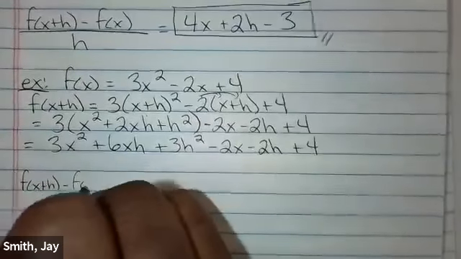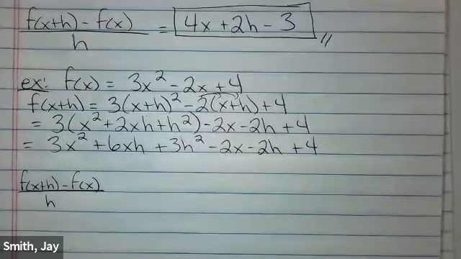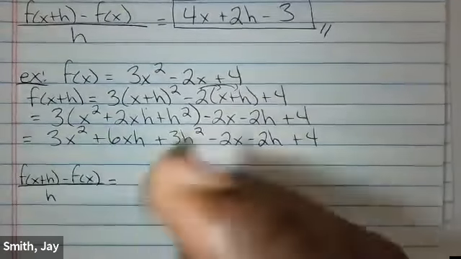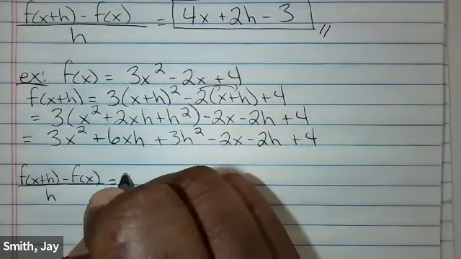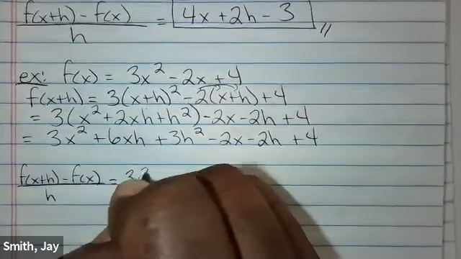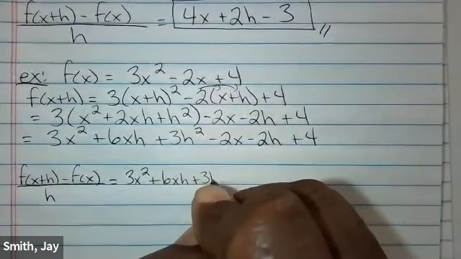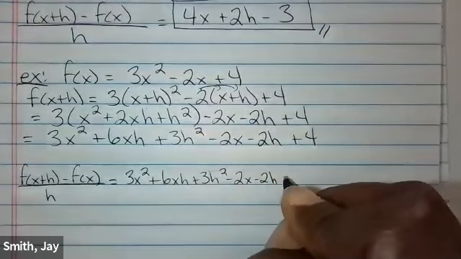So now we can start working on that difference quotient. Once again, that's f of x plus h minus f of x all over h. So it's going to give me 3x squared plus 6xh plus 3h squared minus 2x minus 2h plus 4.